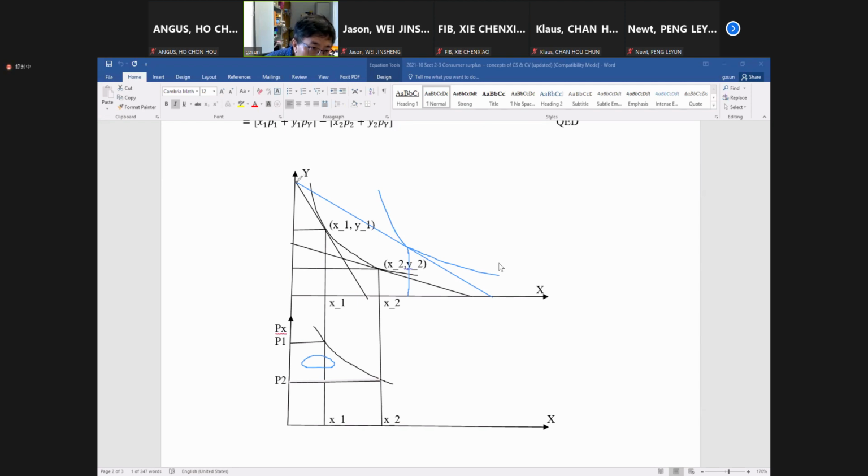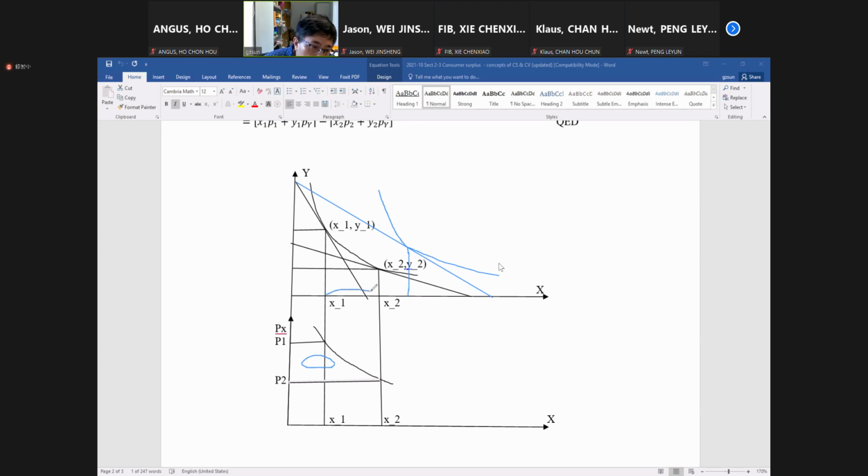If she spends all the money on X, she can buy this much at the old price, and this much at the new price. So after the price change, but with income unchanged, the old optimal solution is here. The new solution will be here. From this point to this point, that's the change in consumption for good X. This is the total effect.